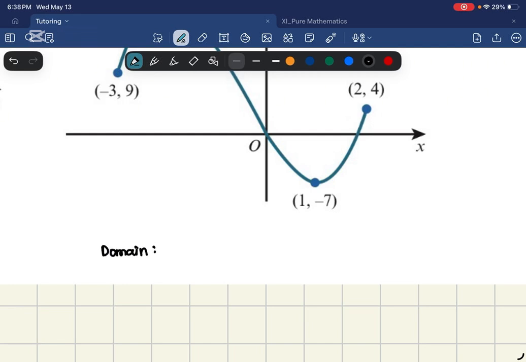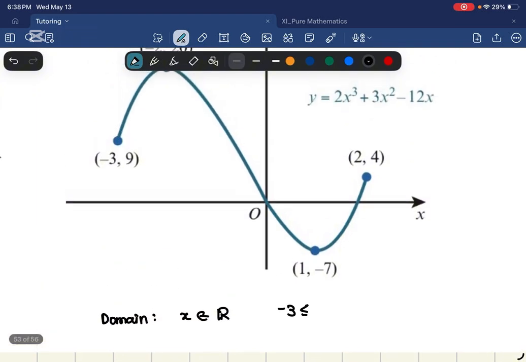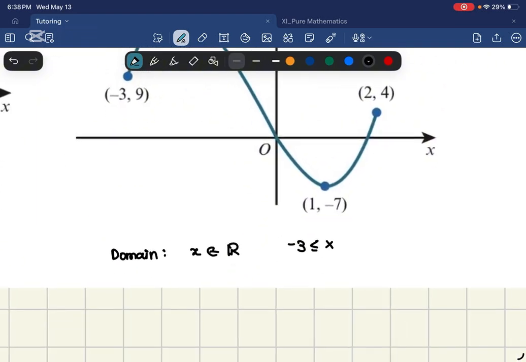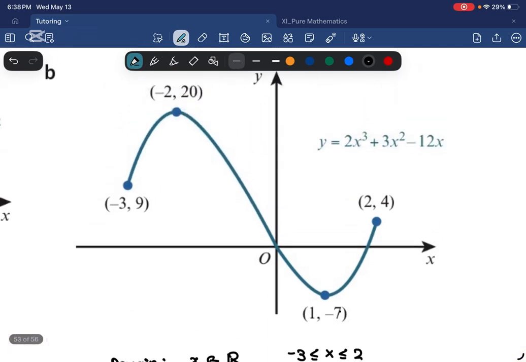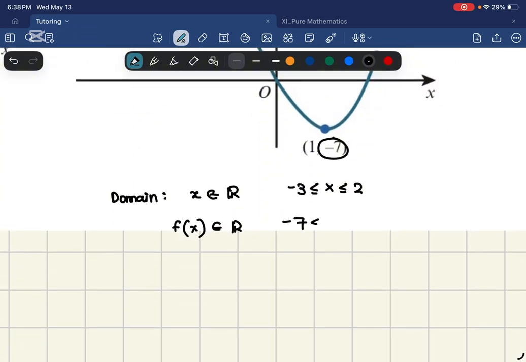All right, let's do the same here. Your domain is x is a real number, and it starts from negative 3. The graph is continuous. It goes up until positive 2. And your output is also a real number. It goes as low as negative 7 and as high as 20. So negative 7 is less than or equal to f of x, which is less than or equal to 20. So that is your domain and range.